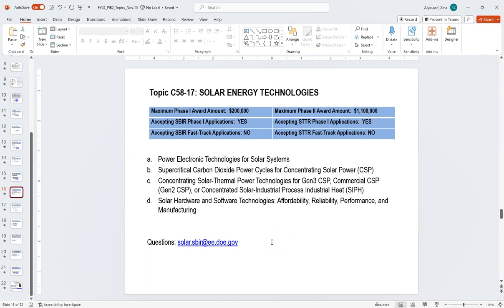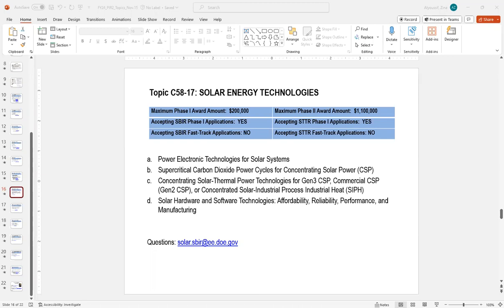Subtopic C is again a CSP subtopic, but this is a little bit broader. It's not specifically focused on, like the previous one, supercritical CO2 power cycles. This is more general on solar power technologies for Gen 3 CSP, commercial CSP, as well as concentrated solar industrial process heat generation. So again, this is a fairly open subtopic on CSP.